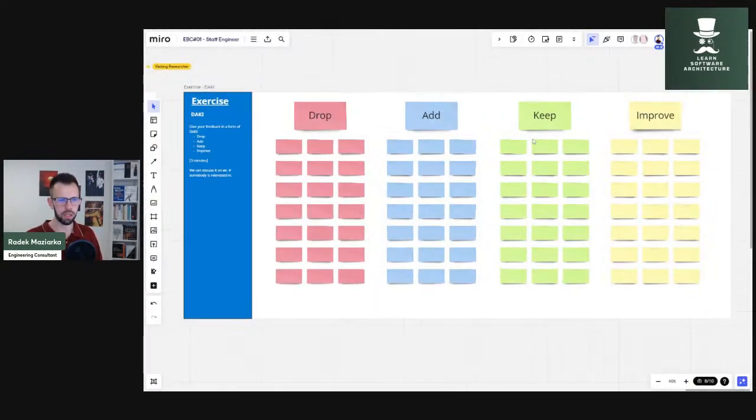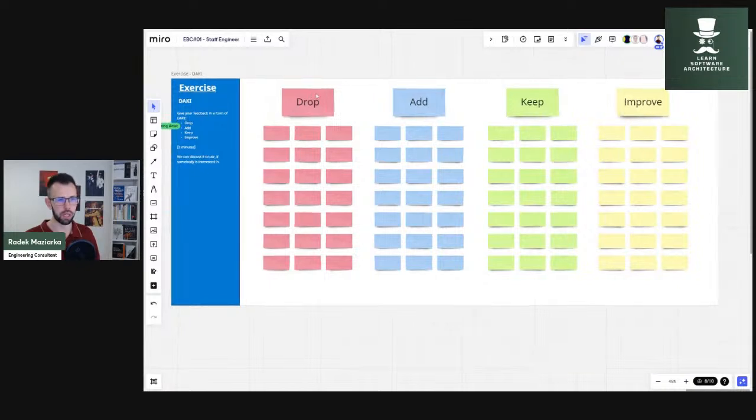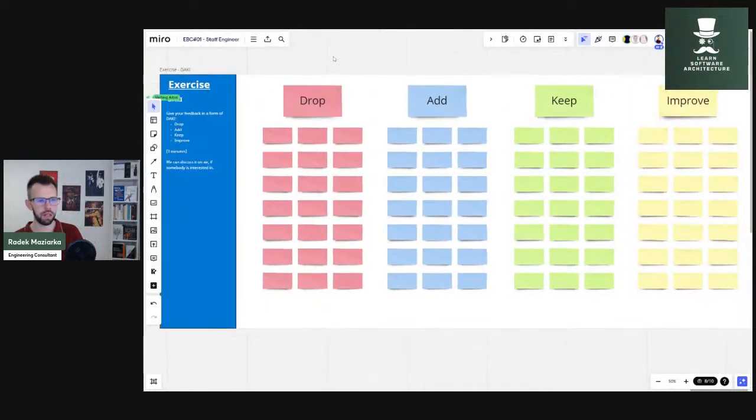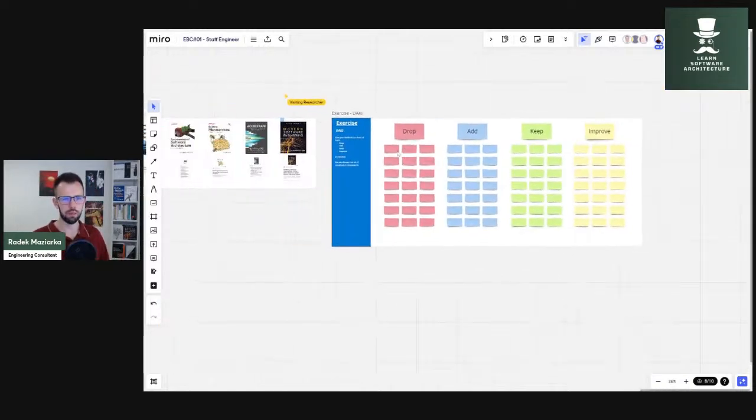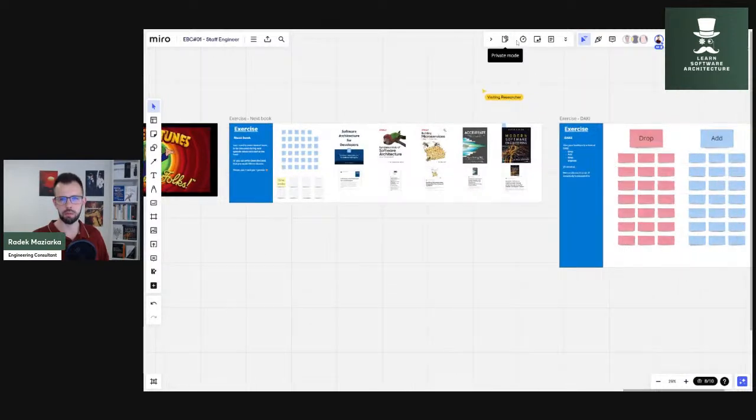And regarding the meeting, because I want to gain your feedback, there is a part structured as a ducky exercise. You can give me feedback in the form of drop, add, keep, improve: what part we should drop in this cycle of meetings discussing different books, what we should add, what we should keep, and what we can improve. I can give you a few minutes for that. And if there are any questions, you can write them down and I'll try to answer them.